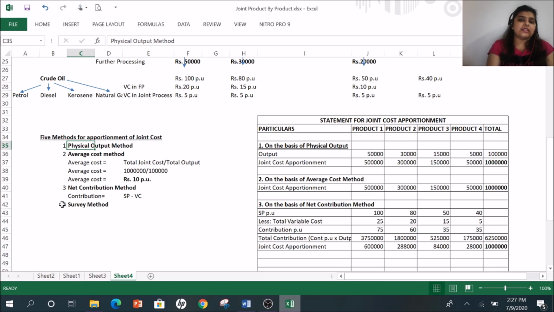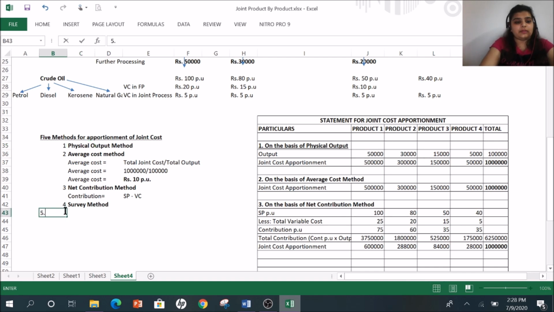Various experts have various statistical tools, plus they have seen the past trends of the company, and on all these bases they decide the percentage or the ratio in which the joint cost will be apportioned. So we cannot use this method in the problems unless the question wants to use it, in which case they will already give you a ratio, and on the basis of the ratio given, you will simply distribute your cost.